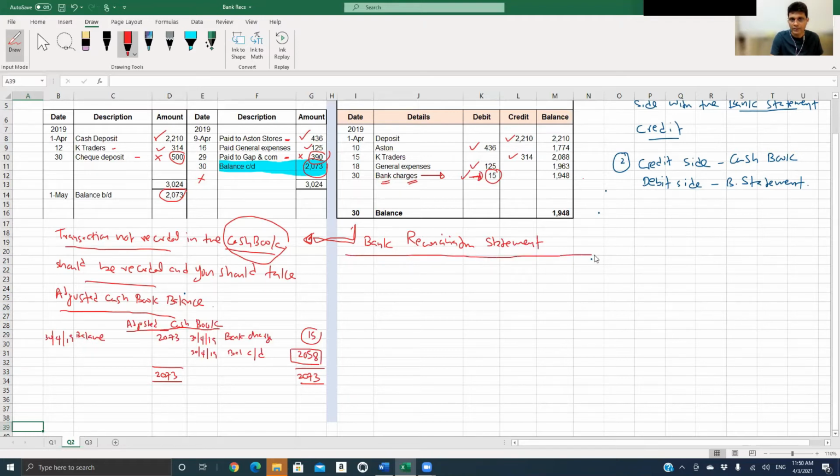Now, bank reconciliation statement, balance as per adjusted cash book balance. How much? Now, we don't take this balance, Puta. Why? This balance was adjusted for the bank charges which was not recorded. So therefore, what is the balance as per adjusted cash book? What is the balance, Puta?